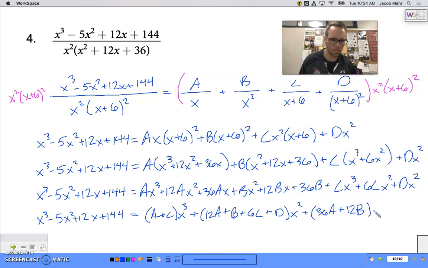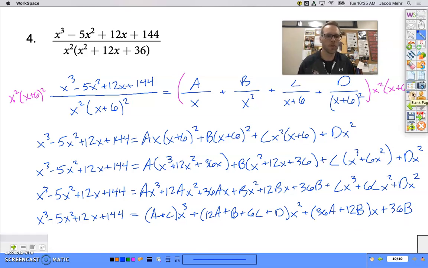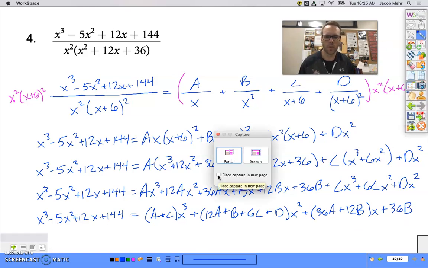And that's it. And our constants: 36B. Is that the only one? I think so. There we go. So let me move this to a new page so we can set up our system now.